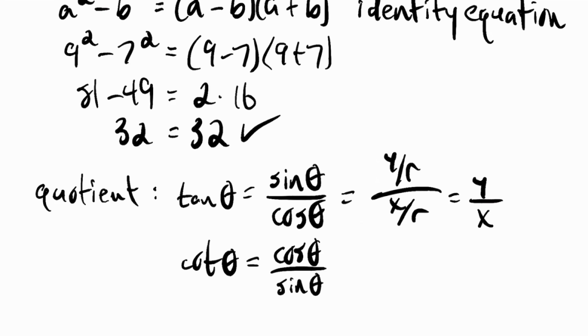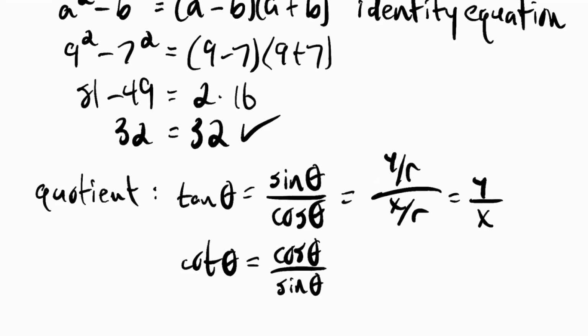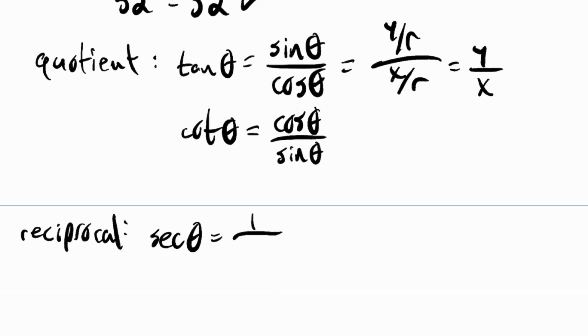If you want to do the same analysis here, you can do that, and you can check that that's correct. But I'm mostly just listing identities. We'll get to proving them a little bit later. Next are the reciprocal identities. So, for example, secant theta is 1 over cosine theta, which I won't bother demonstrating, but you can check for yourself.